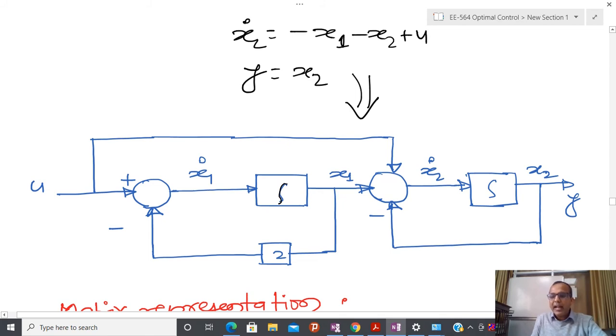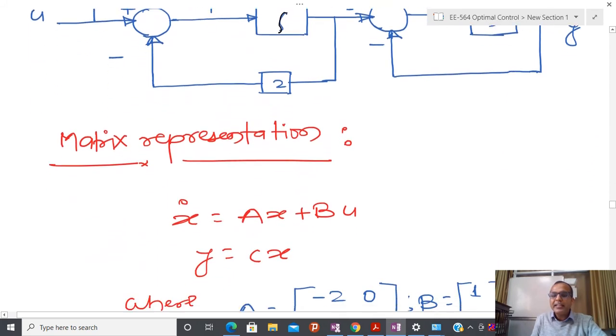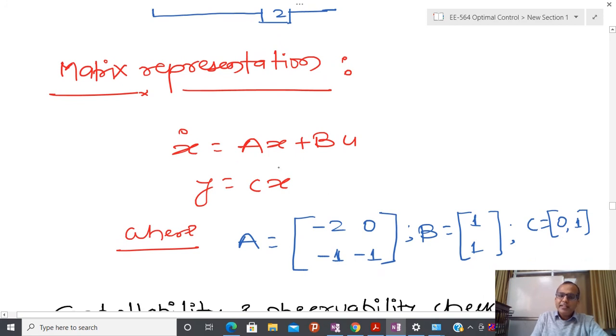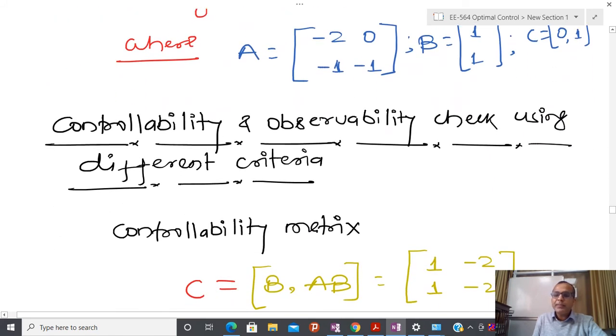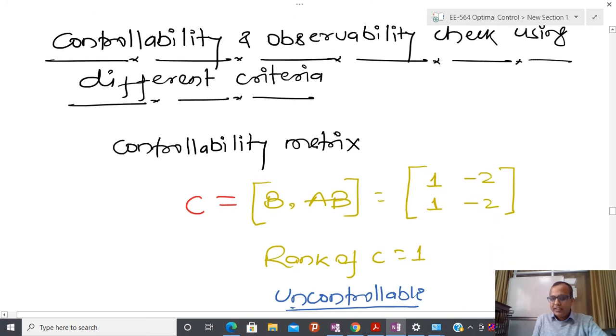And after that I can also represent the equation in matrix form. Here x is nothing but x1 and x2 as I have defined, u belongs to R, and I can represent A like this, B like this, and C like this, because we have already seen that in order to check controllability and observability, I need these three matrices.